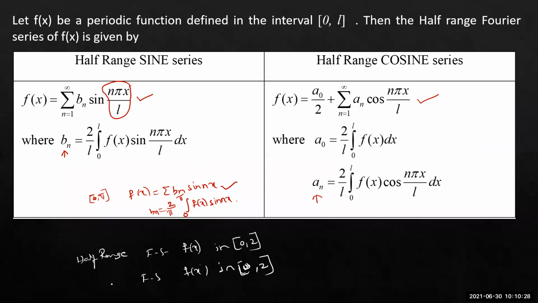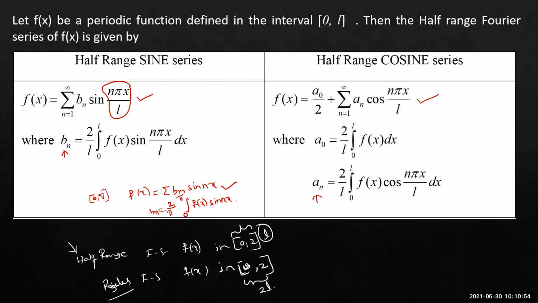Understand, when it is a regular Fourier series, as we discussed last time, we take the length of this interval as 2L. But when it is mentioned as half range, this length is now only L. We want that interval to be half. Correct?